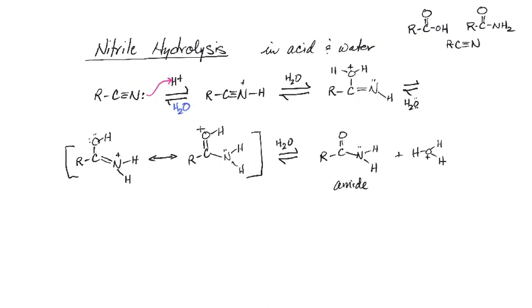And then water being present can now attack that protonated nitrile and shift electrons over to the nitrogen. Then in the next step, you can see water is added. We have a protonated water sitting on there, and so water itself can come along, take away that extra proton, and shift the electrons back to the oxygen.